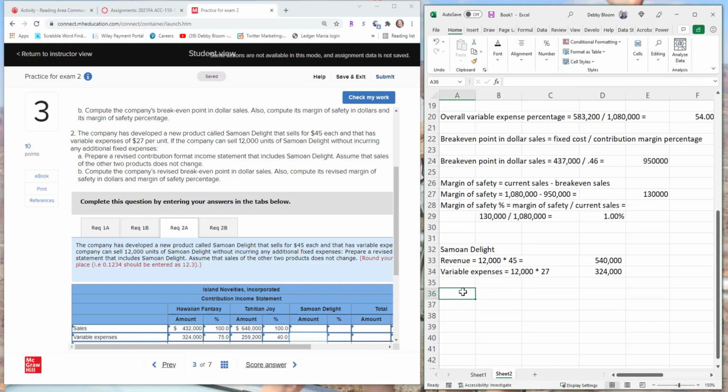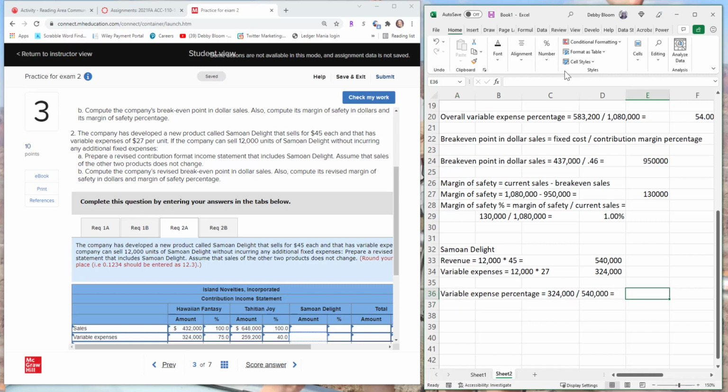And then the last thing that we're going to need is the variable expense percentage. So our variable expense percentage is just 324,000 divided by 540,000, or again we could take 27 and divide it by 45.